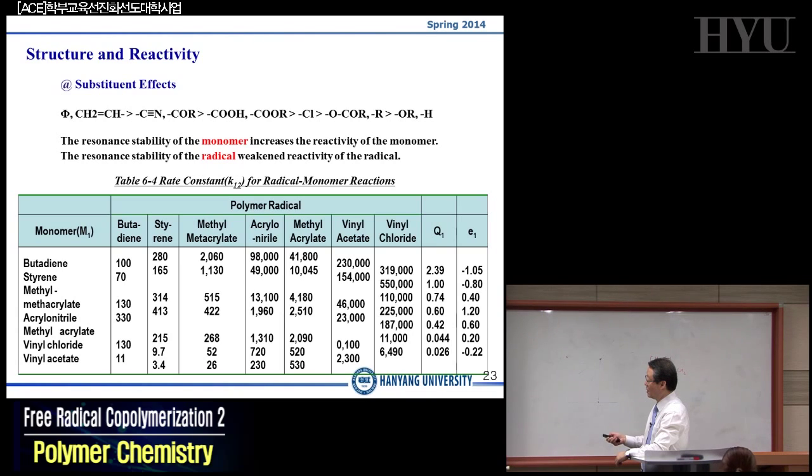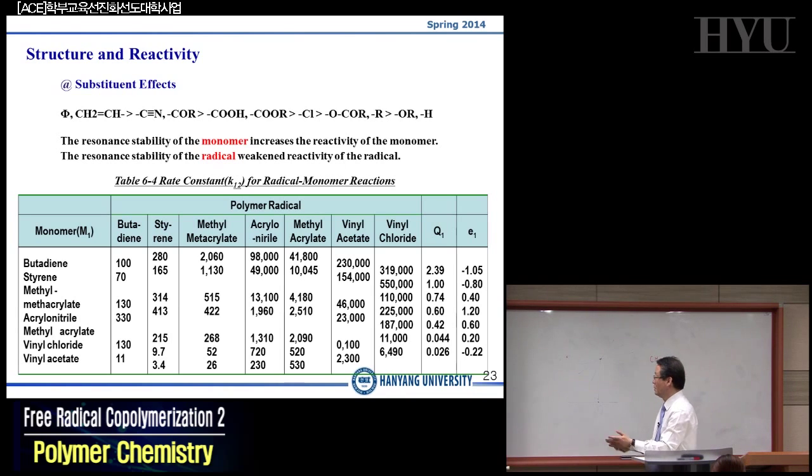For a given acrylonitrile radical, your reactivity with butadiene is about 98,000 in the rate constants, whereas acrylonitrile monomer and acrylonitrile radical is about 2,000, right?